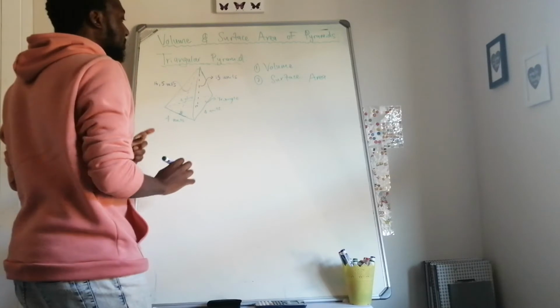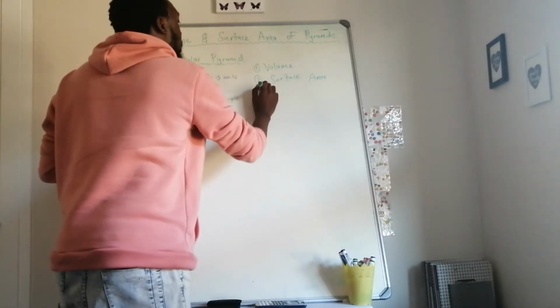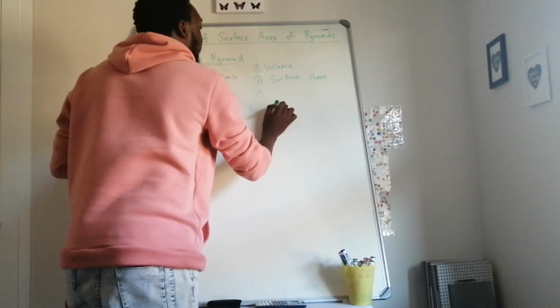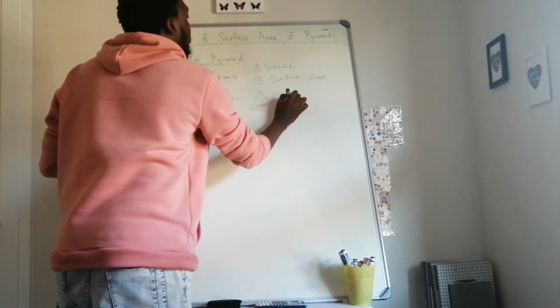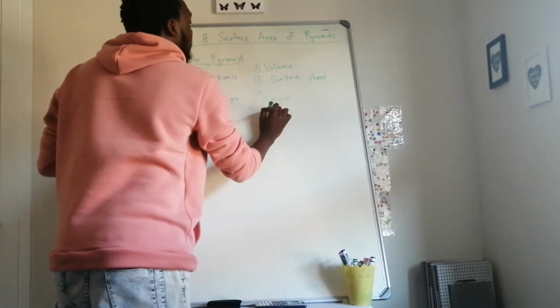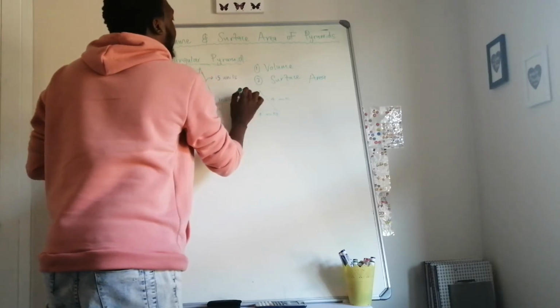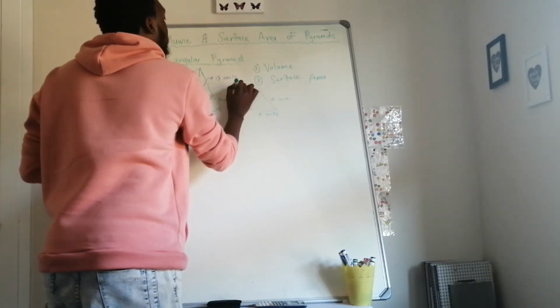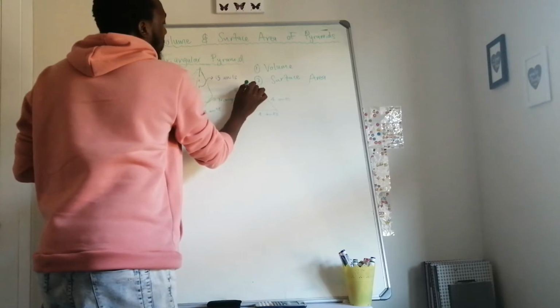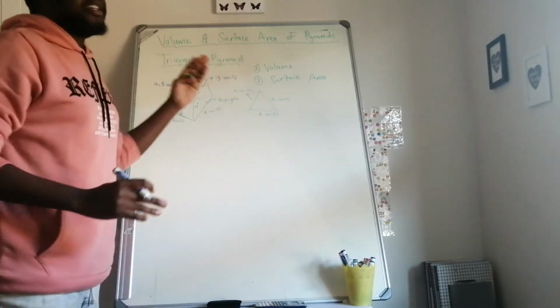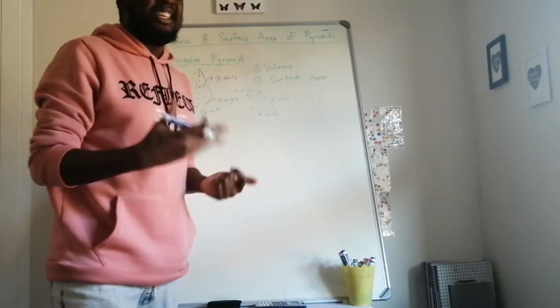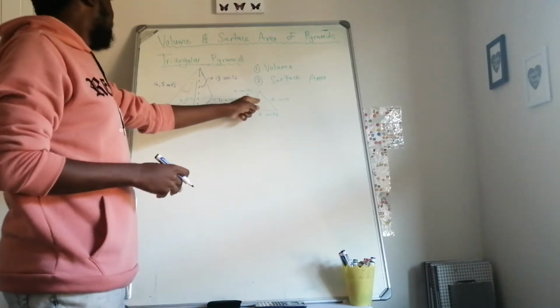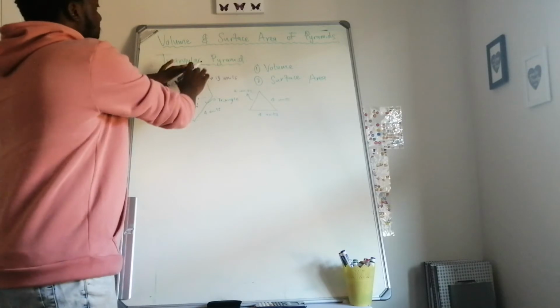And this triangle is an equilateral triangle: it has 4 units there, 4 units there, and 4 units there. A triangle that has all sides equal is called an equilateral triangle, right?